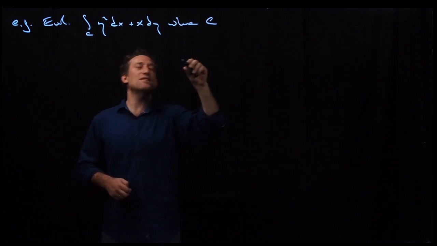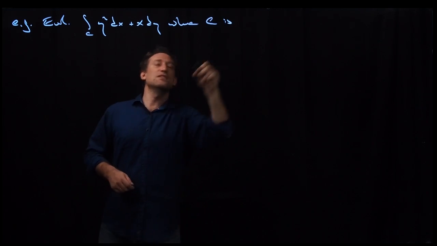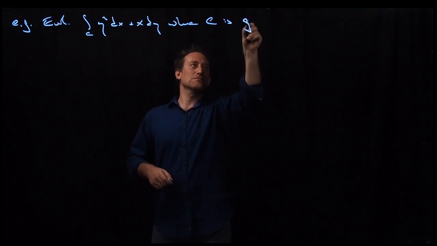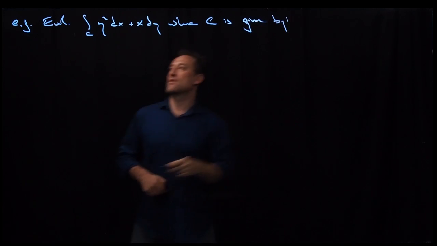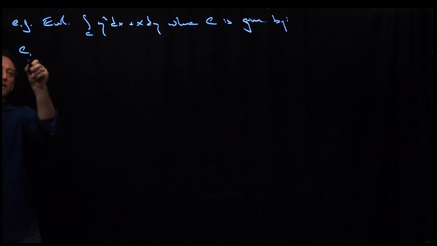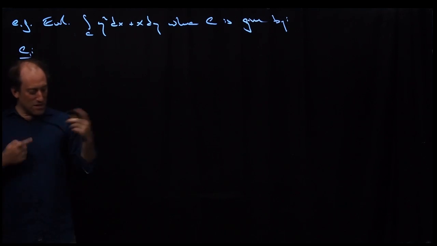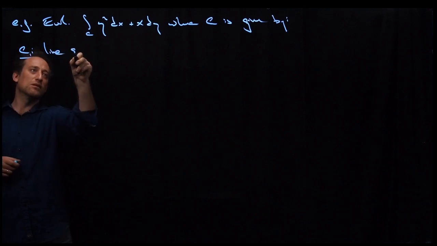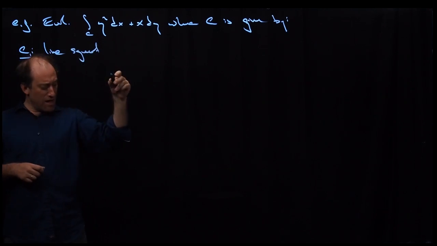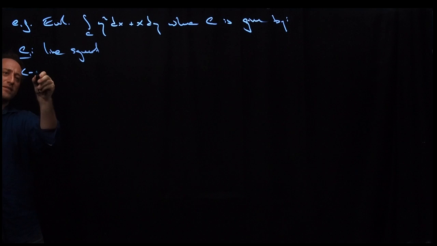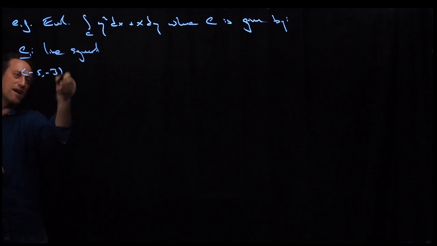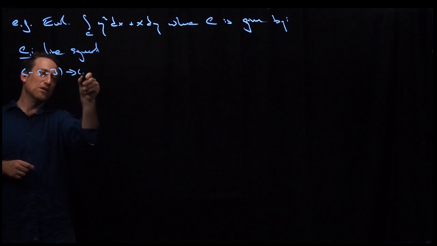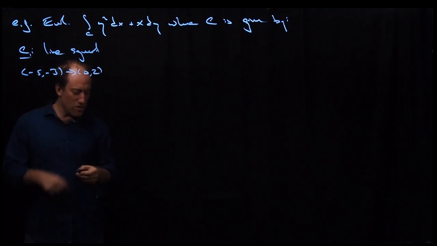where C is, say, given by, on the one hand, C1. C1 will be the line segment, say from the point (-5, -3) to (0, 2).